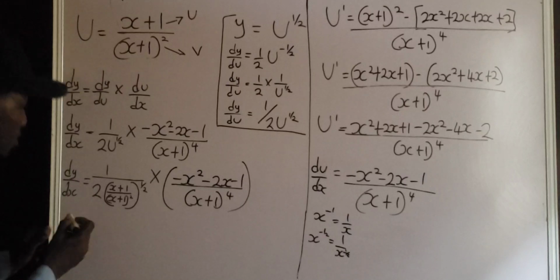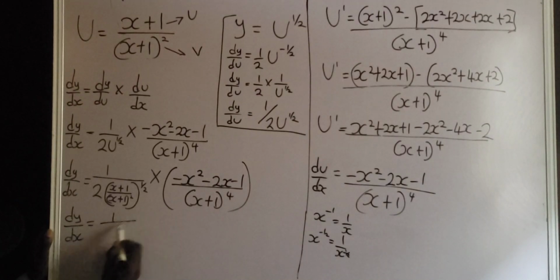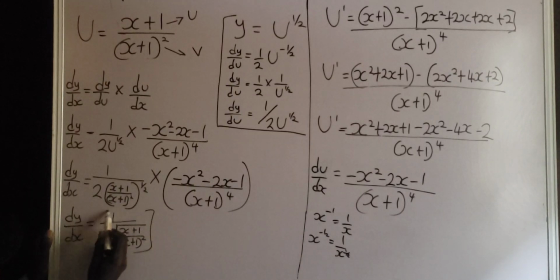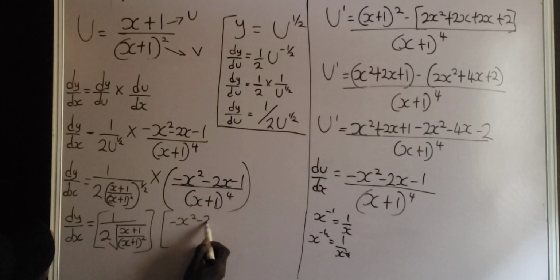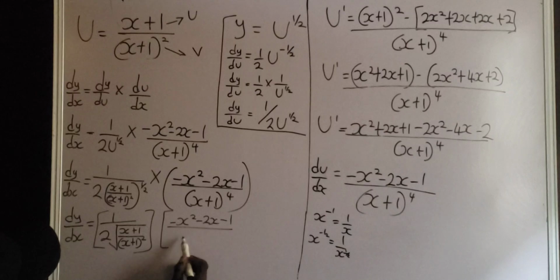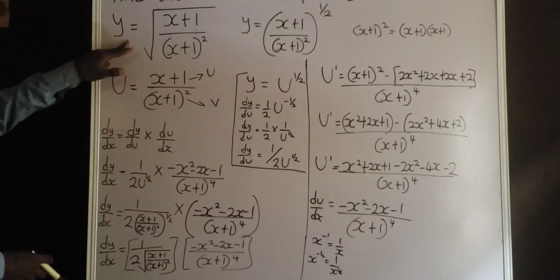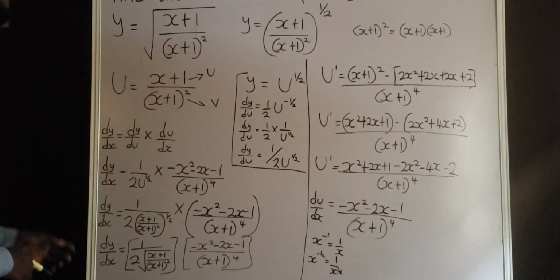So dy over dx is equal to 1 over 2 root of x plus 1 all over x plus 1 raised to the power of 2, multiplied by minus x squared minus 2x minus 1 all over x plus 1 raised to the power of 4. So the derivative of y is this.